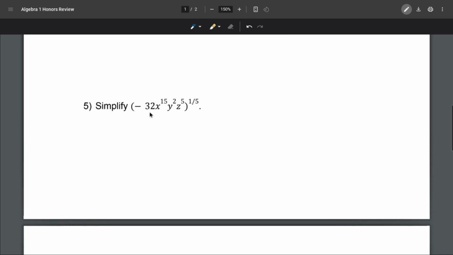All right, this next one, we have -32x to the 15th, y squared, z to the 5th. So the 5th root of -32 is -2. And then 15 times 1/5 is 3. So x cubed. This next one, if you would just multiply 2 times 1/5, you get 0.4. I'm going to keep it as y squared to the 1/5 power, and then we're going to rearrange this and write it a little bit differently.